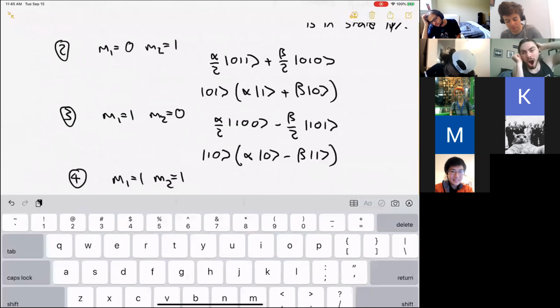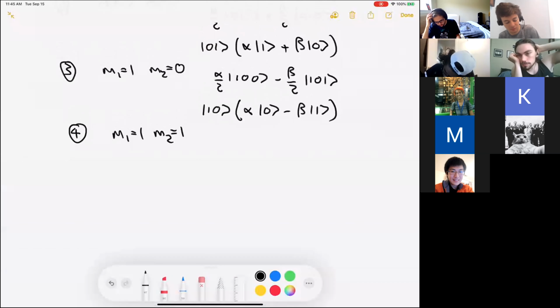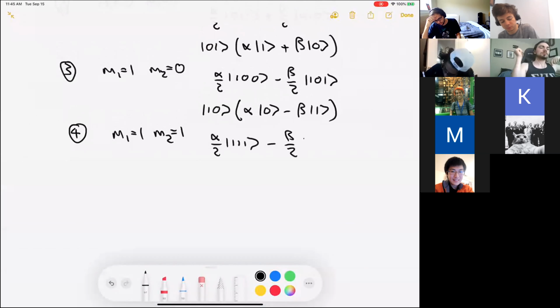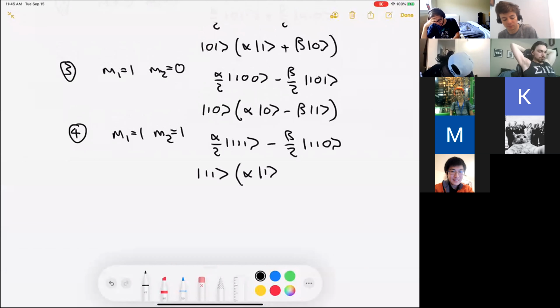So this becomes 1, 1, alpha 1 minus beta 0. Okay.